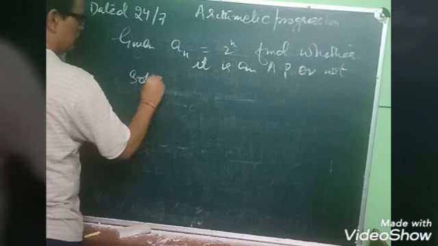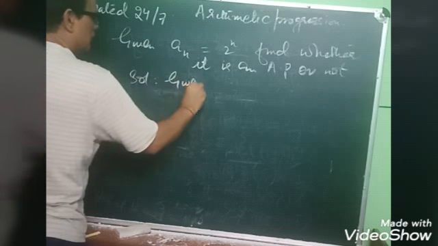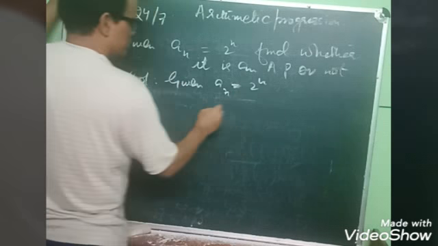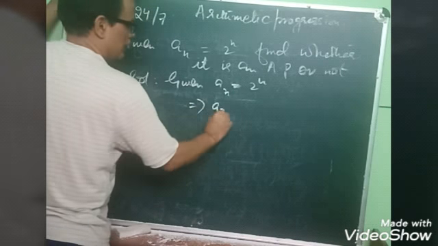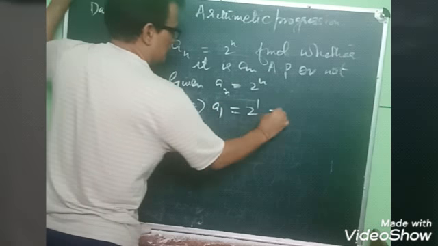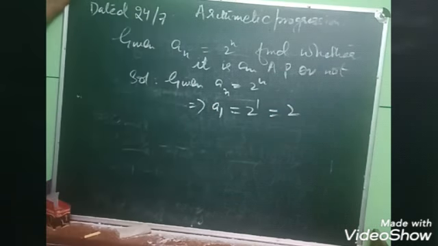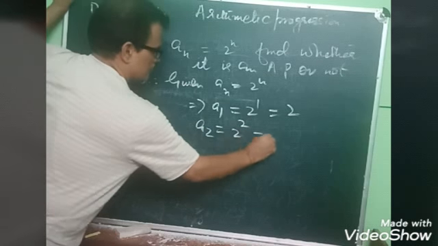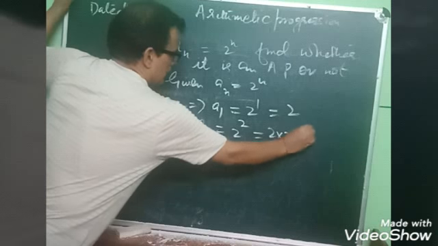Given an is equal to 2 raised power n. This implies a1 can be equal to 2 raised power 1, that is 2. Similarly a2 can be equal to 2 power 2, that is equal to 2 into 2, that is 4.